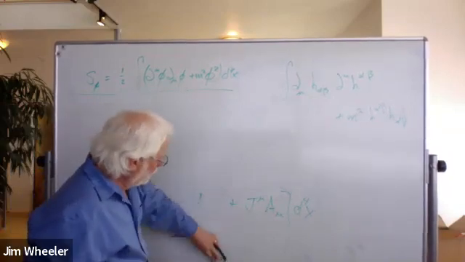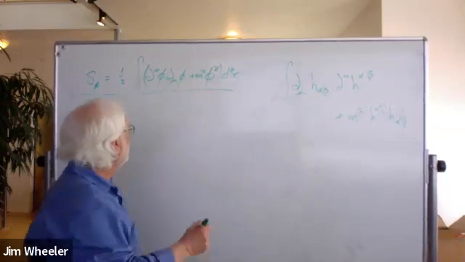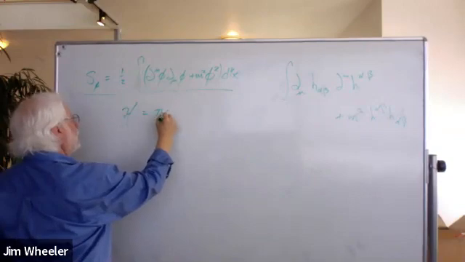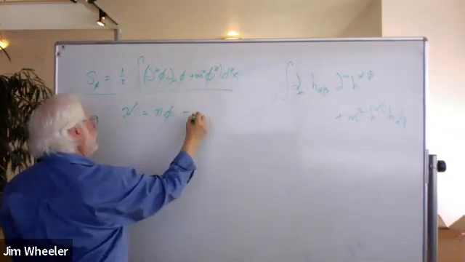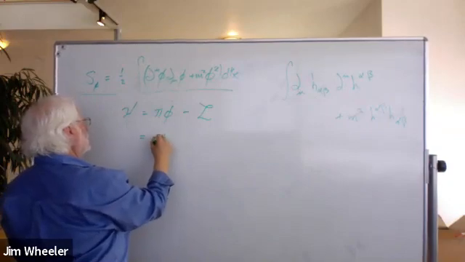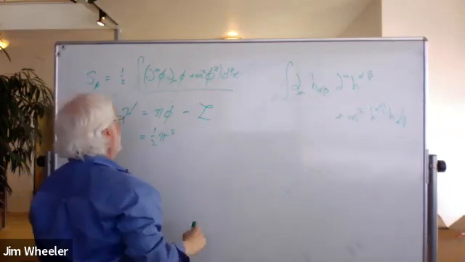The conjugate momentum is still going to be phi dot. The Hamiltonian density is pi phi dot minus the Lagrangian. And we know that that's pi squared. This is going to subtract half of that.